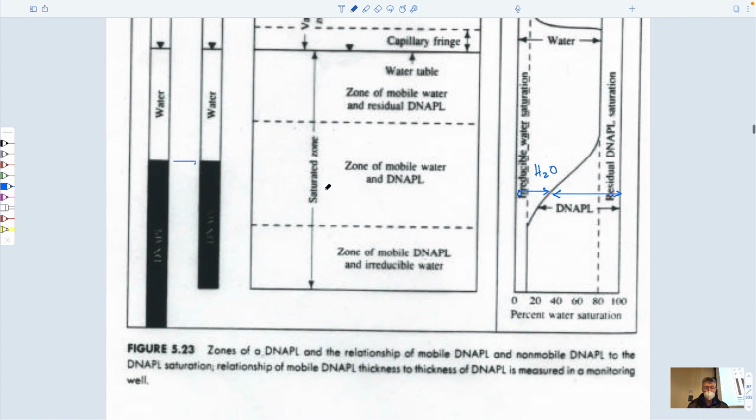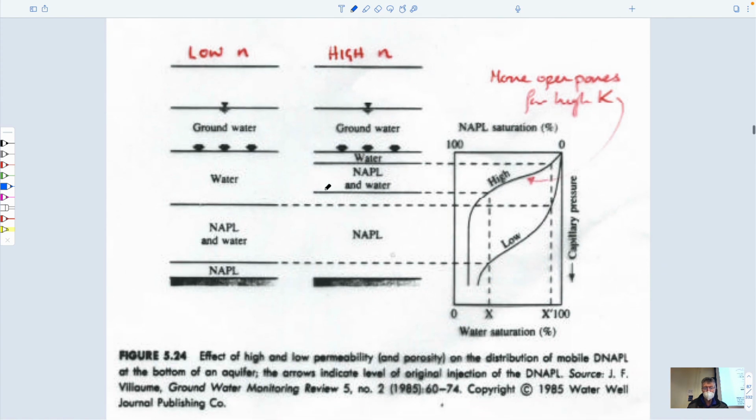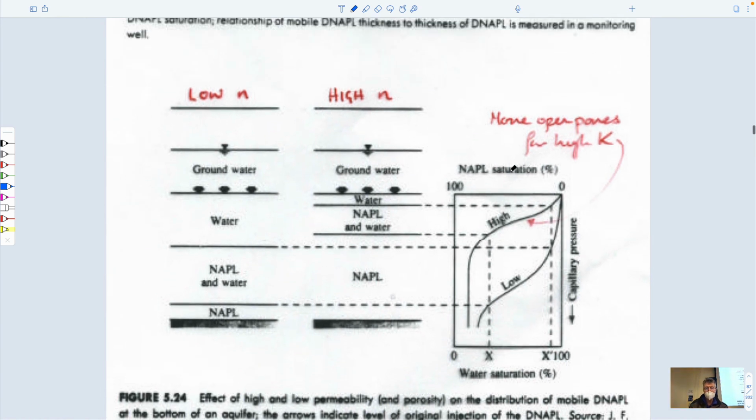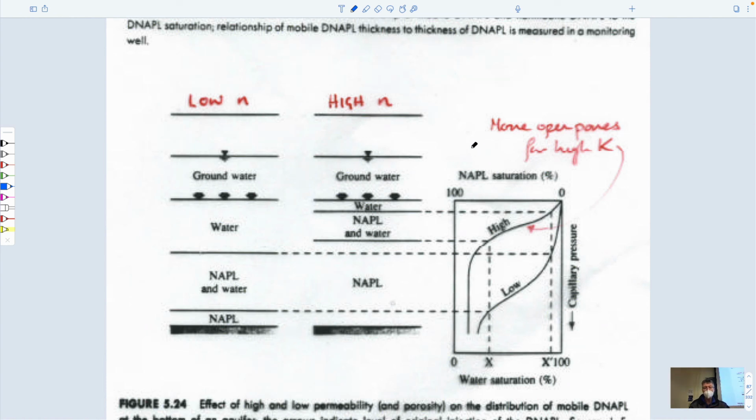So you could imagine, I think it occurs in the figure below, that this is a capillary pressure curve, and if we flipped it, it would be exactly as we're used to seeing them. So you can imagine a curve that looks like this, or a second curve that looks like this.